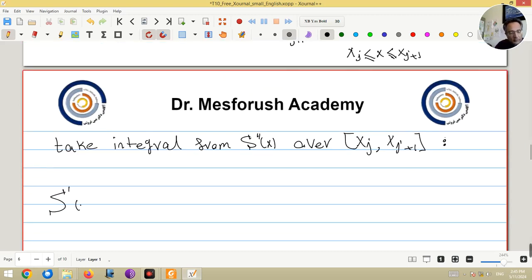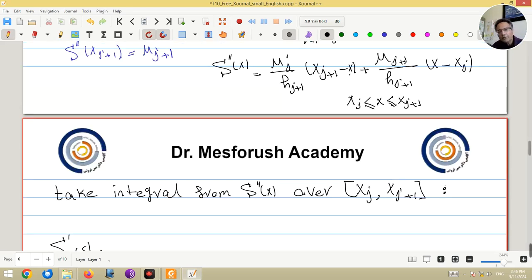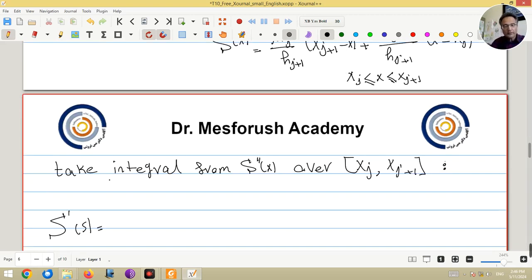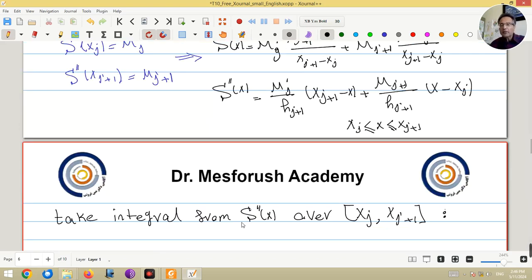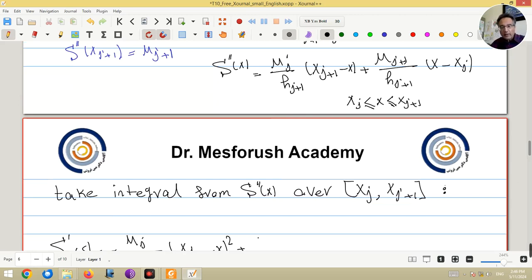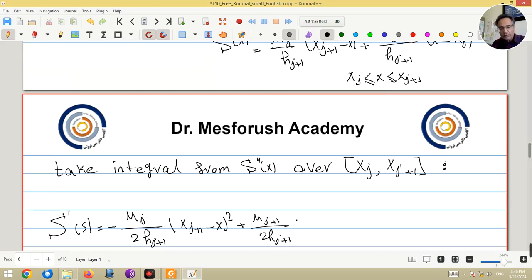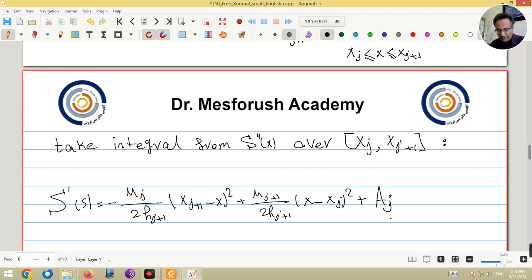So s prime of x is equal to minus mj over 2hj plus 1 times (xj plus 1 minus x) squared, and from the second term something similar happens, so we get mj plus 1 over 2hj plus 1 times (x minus xj) squared, plus a constant aj that also appears at the end of the function. And we integrate again.